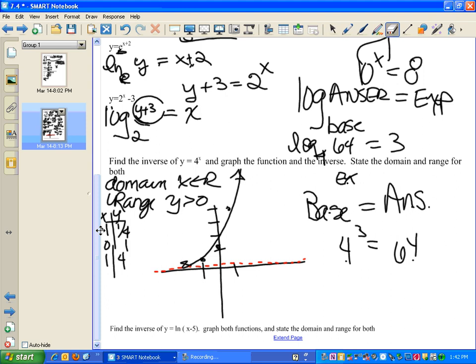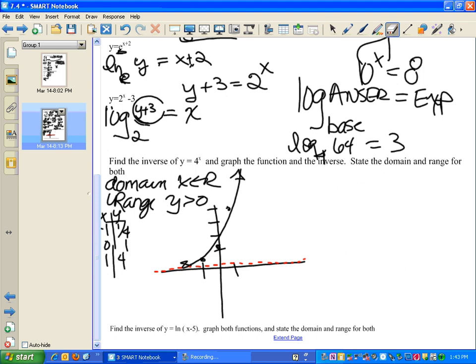Okay. All right, now it says do the inverse. State the domain and the range. So what did we learn when we're trying to write an inverse? What's the first thing you always do? You switch the y and the x. So if this is saying y equals 4 to the x, then what we really want to say is x equals 4 to the y.